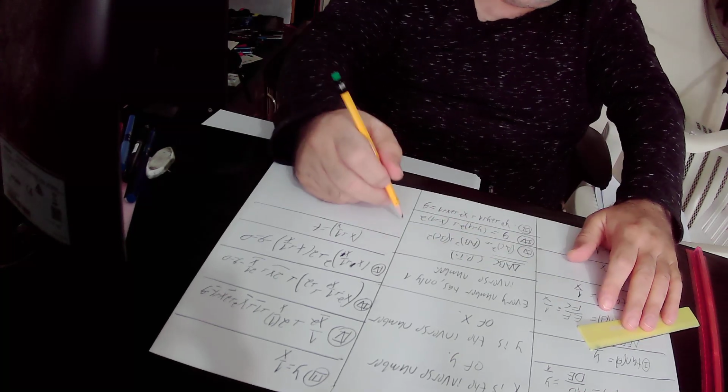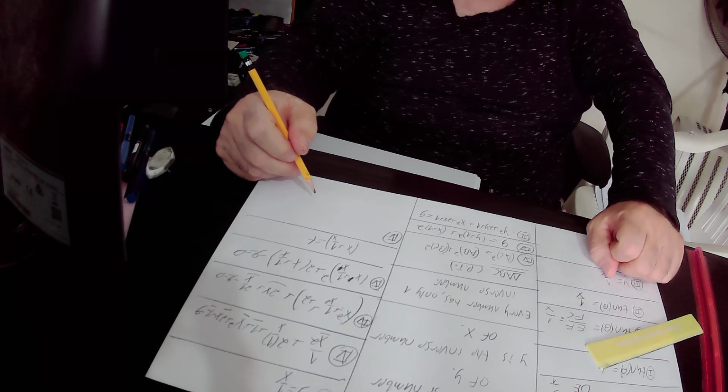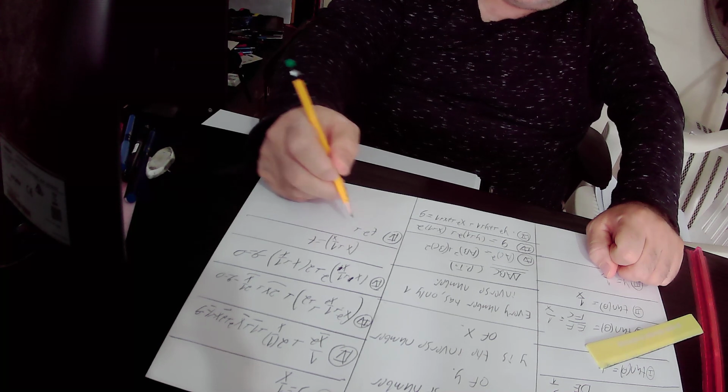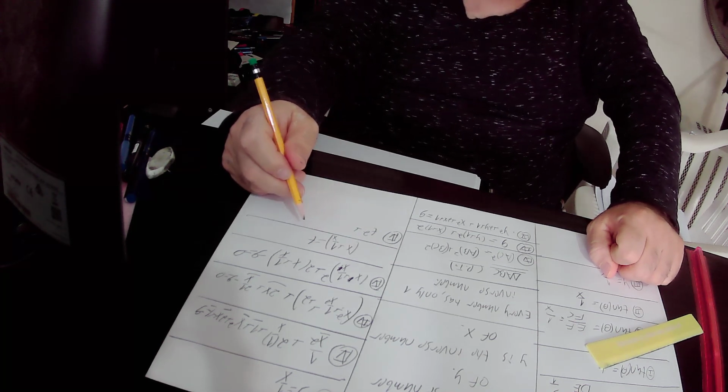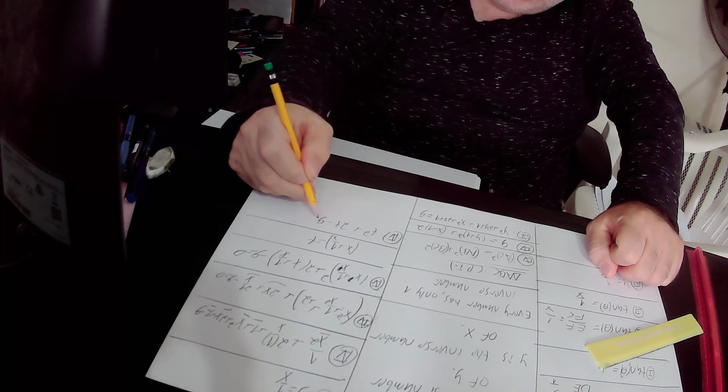So according to equation number 4, we have (x plus 1 over x) squared. It will be t squared plus 2 times (x plus 1 over x), that is actually 2t, minus 9 equals 0.